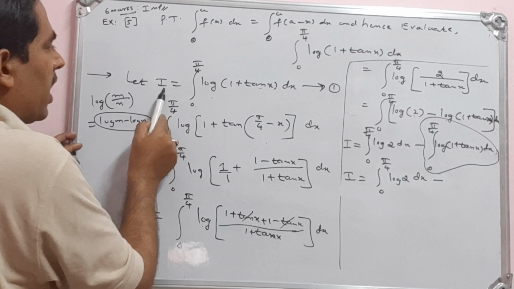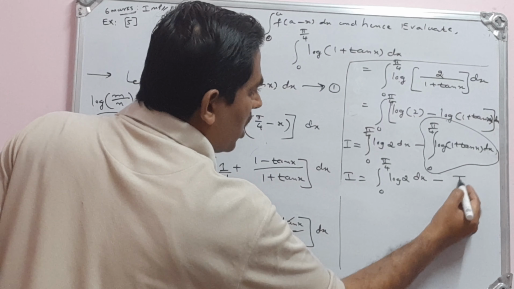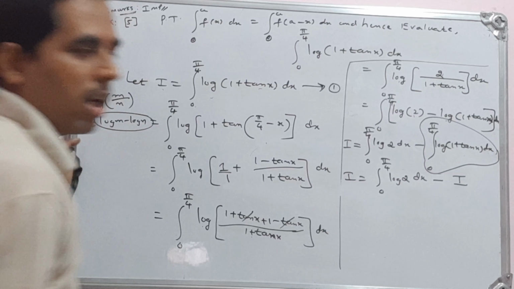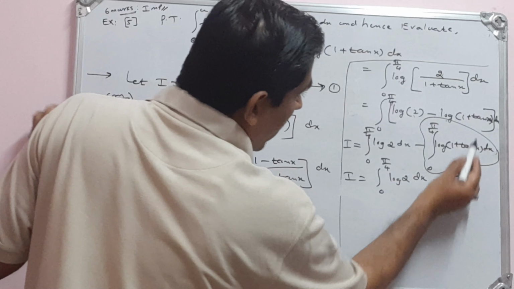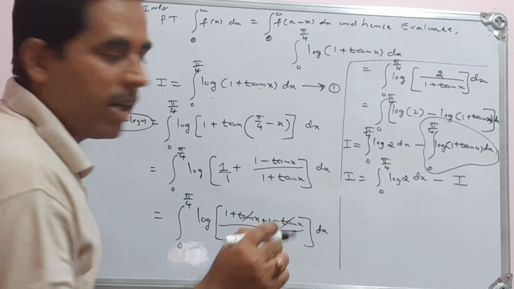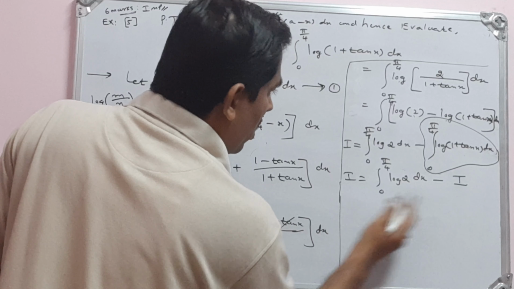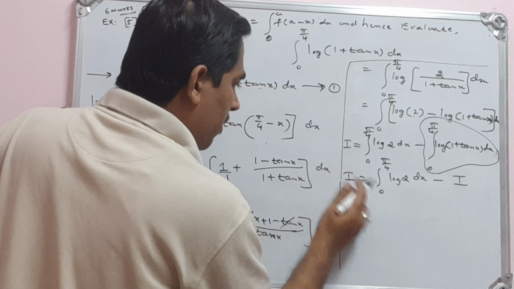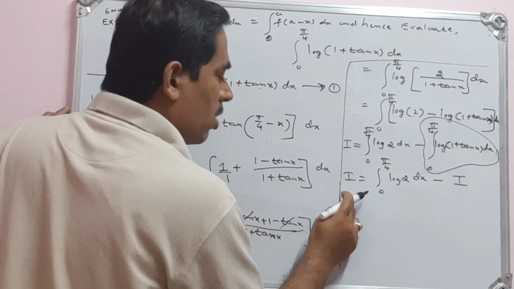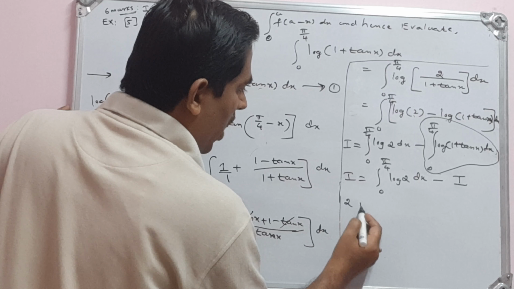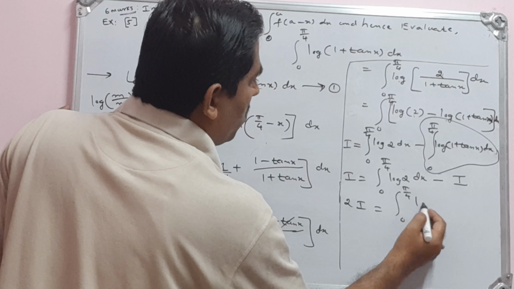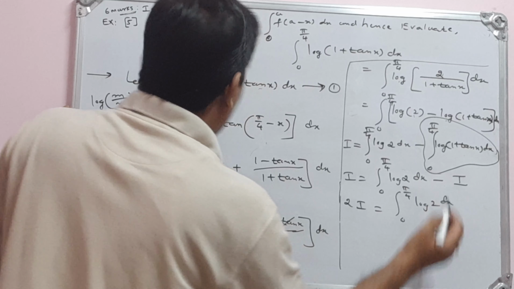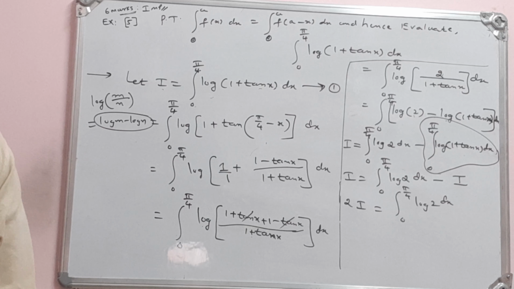This is the given integral I. On the right hand side, this is nothing but the given integral. Then you shift minus I to the left hand side, I plus I will be 2I. So 2I is equal to integration 0 to pi by 4 log 2 dx.